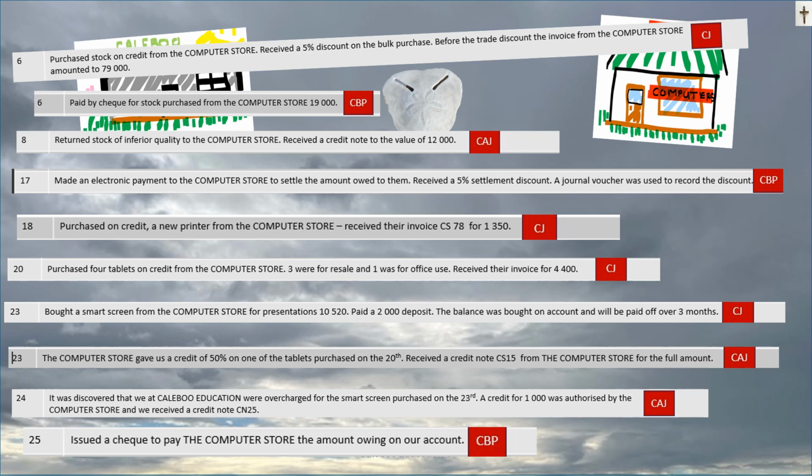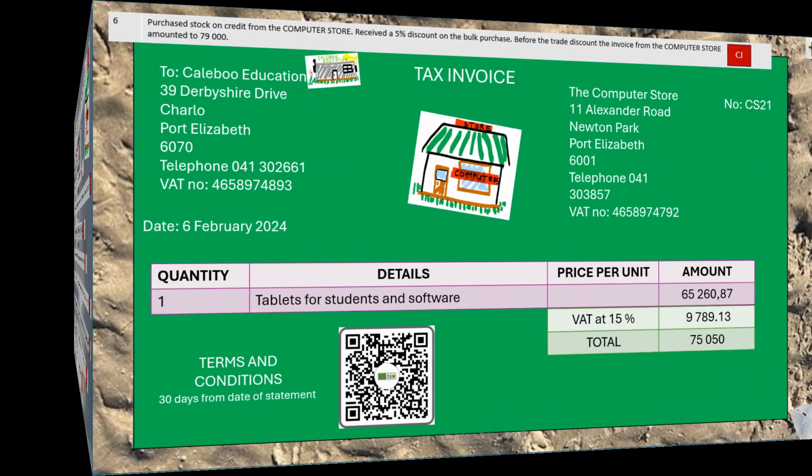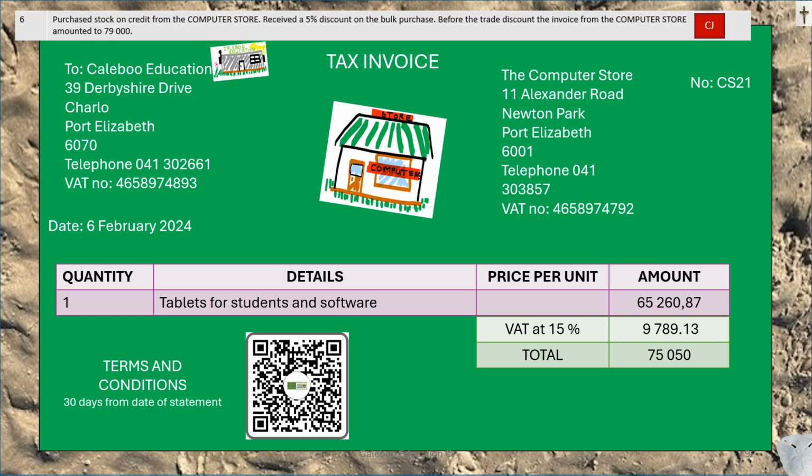These are the transactions between Calibre Education and the computer store. We are going to go through each one individually, so don't stress. Remember, every single transaction is recorded on a document.